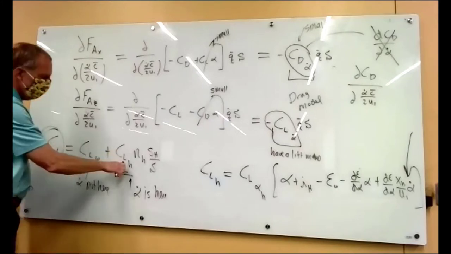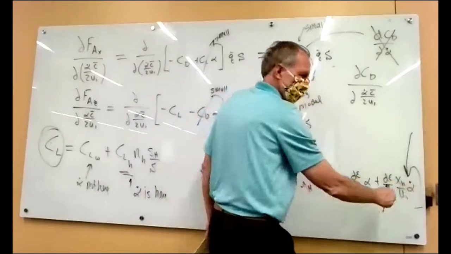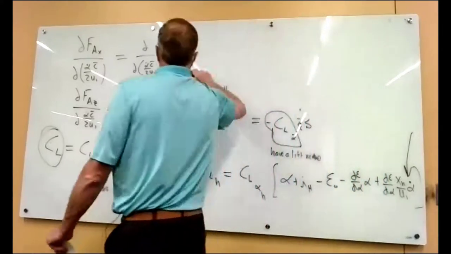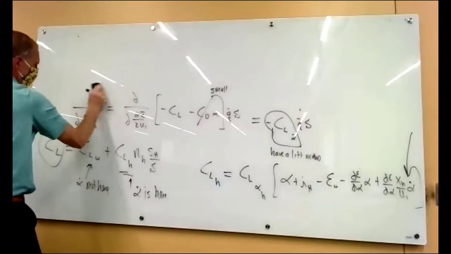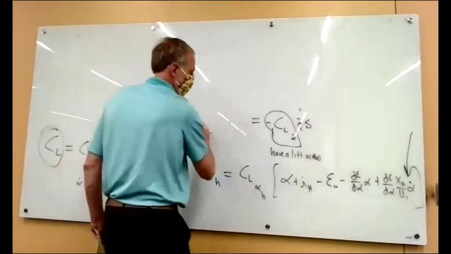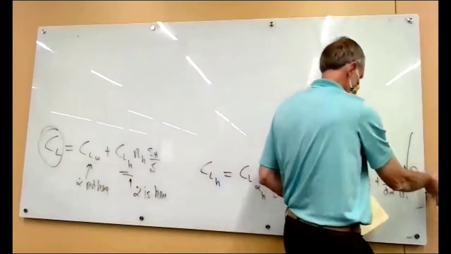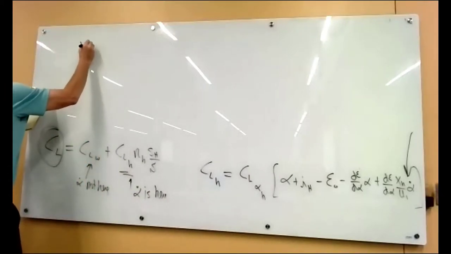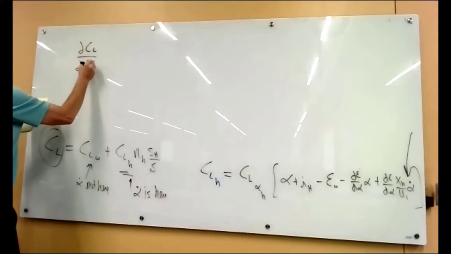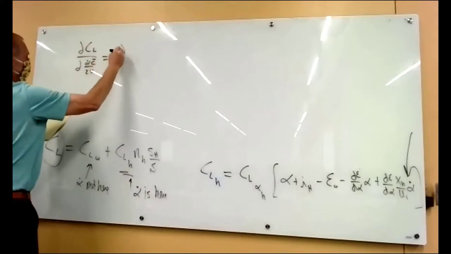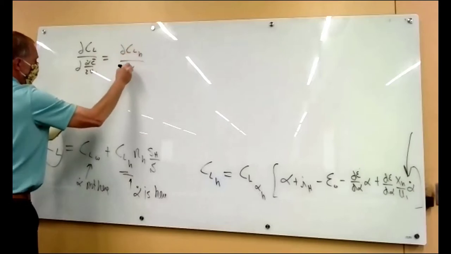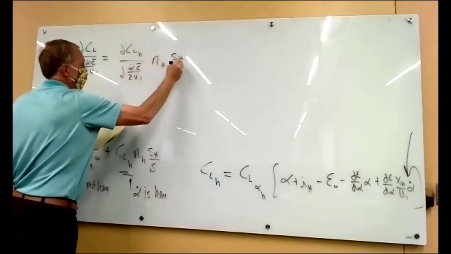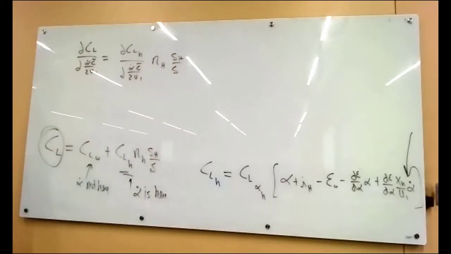And CL depends on CLH, and CLH depends on alpha dot, so that's where it all comes from. So I just picked out the part that has alpha dot in it.